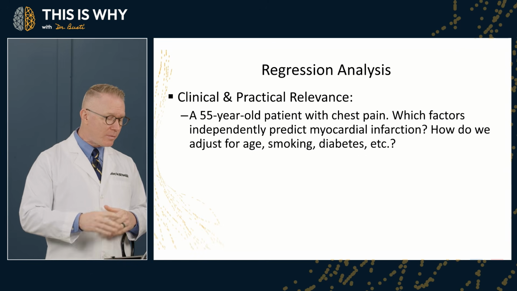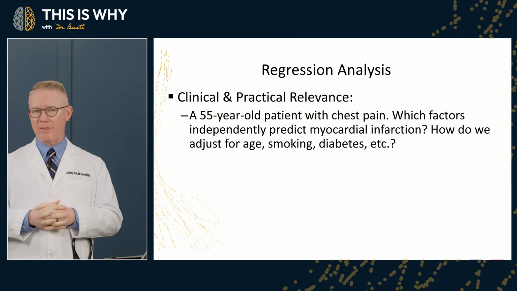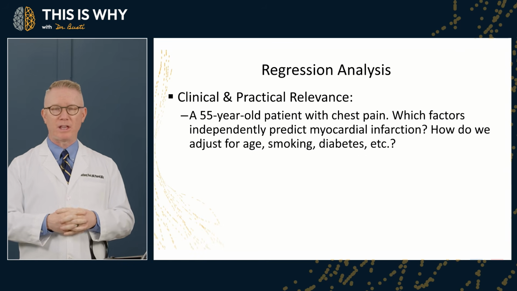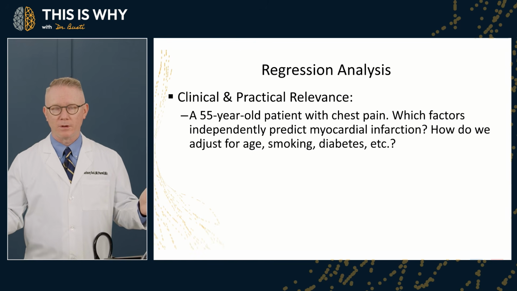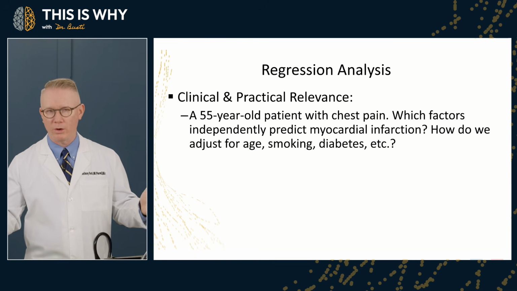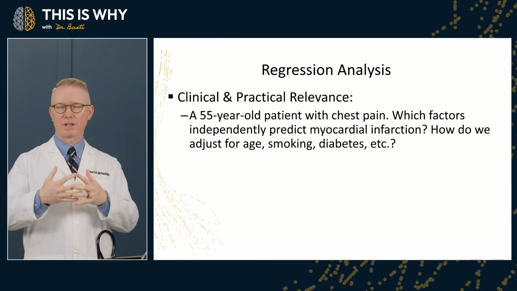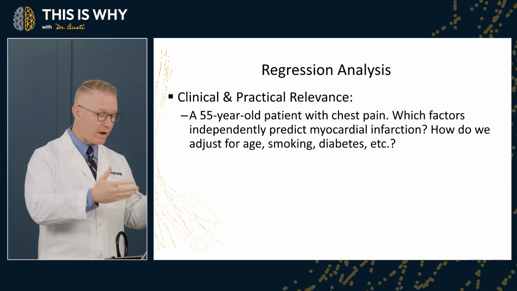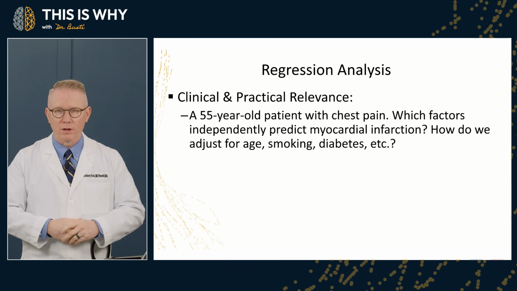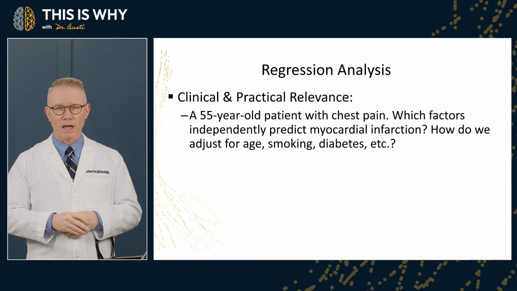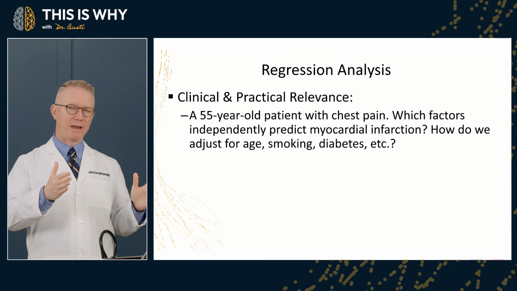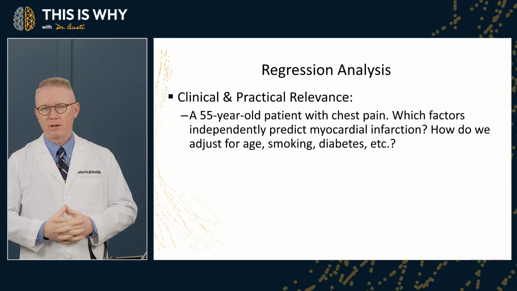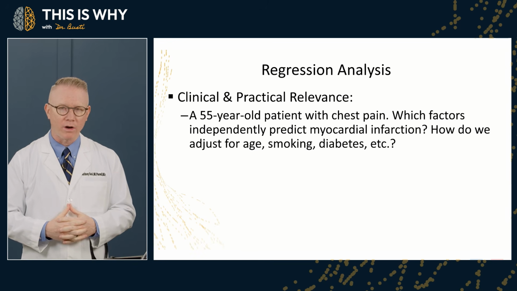Now, when we start thinking about regression analysis, we need to think about the application as a clinician or as a researcher: the so what, who cares? So let's take, for example, a scenario where we have a 55-year-old patient with known chest pain, okay? And you say, okay, what factors independently are going to predict the risk of myocardial infarction?